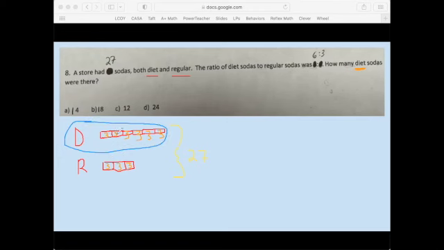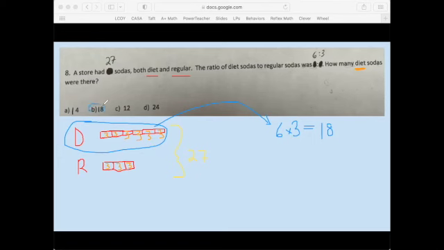I can add 3 plus 3 plus 3 plus 3 plus 3 plus 3. But again, it's middle school. We want to try to multiply as much as we can. So if I have 6 pieces of tape, my number sentence is going to be 6 times 3, which gets me 18. Very good. And that's going to be answer choice B.